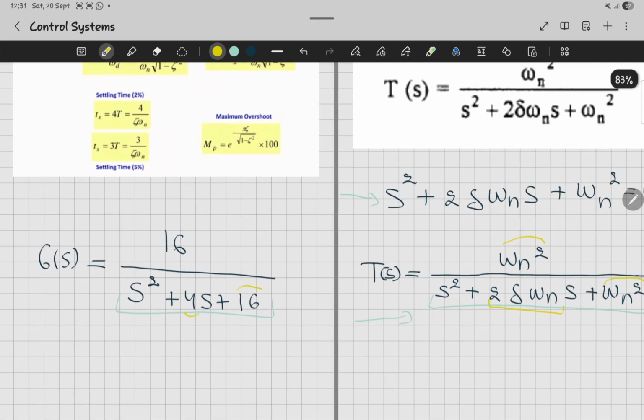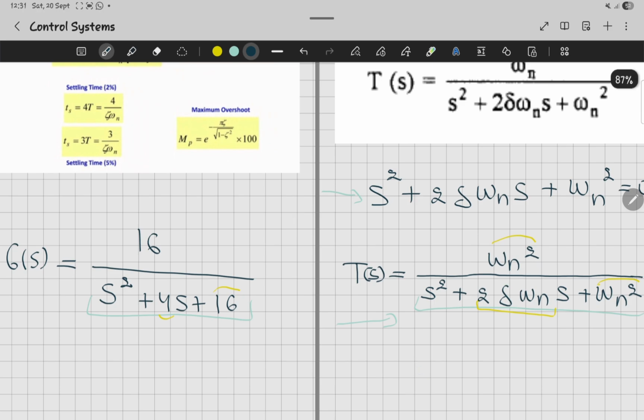What is 16? Let me factorize it to get the power of 2. It's going to be 4 to the power of 2, s squared plus 4s plus 4 to the power of 2.